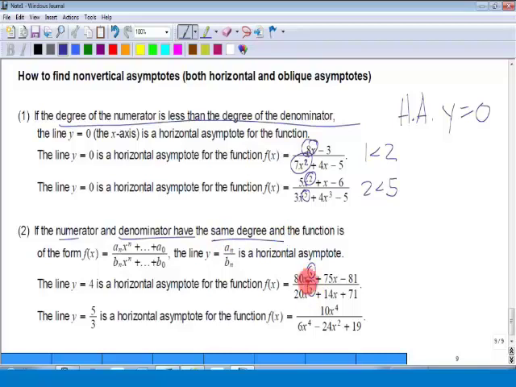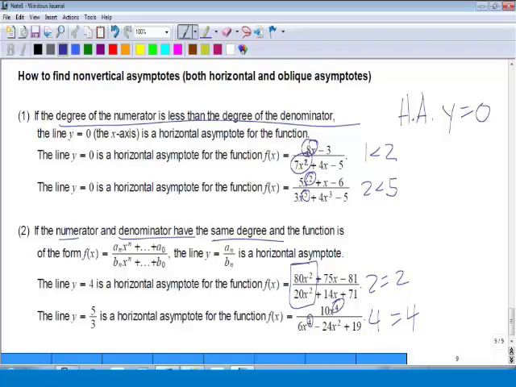Degree 2 in the numerator, degree 2 in the denominator. 2 equals 2. Degree 4 in the numerator, degree 4 in the denominator. 4 equals 4. When they have the same degree, neither the numerator nor the denominator dominates the other. It comes down to the leading terms. 80x squared is going to be way bigger than 75x minus 1. 20x squared is going to be way bigger than 14x plus 71 once x is large enough.